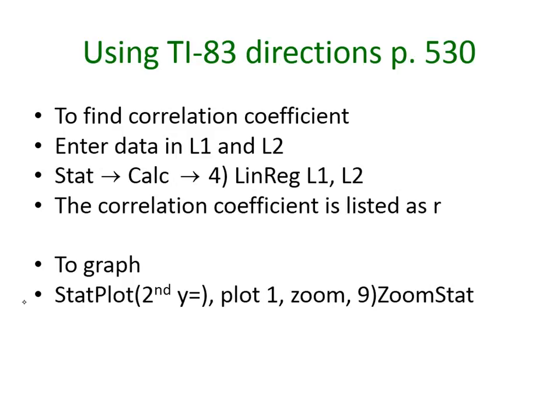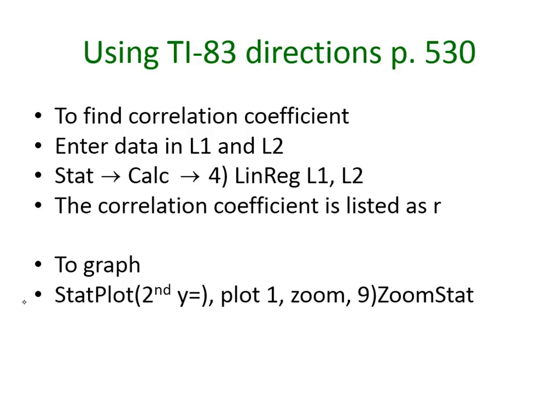X list is, I put the X's in list 1, I put the Y's in list 2, and then what kind of marks we want. Either use the boxes or the plus signs because the little dots are kind of hard to see. Now, we want to go ahead and do zoom stat because we want to see the points that we had plotted.